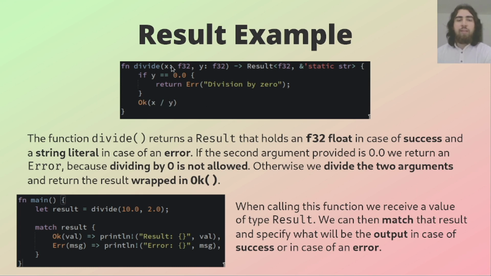So that means when this function succeeds, then we will get back an f32, right? The result of this operation. And this is wrapped inside OK, because as you can see, we are returning a result type. Now in case of an error, we would return this string over here, wrapped in the Err variant.